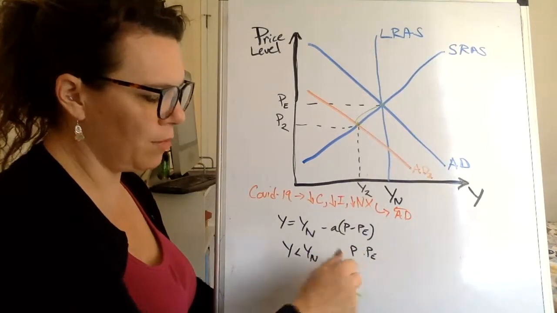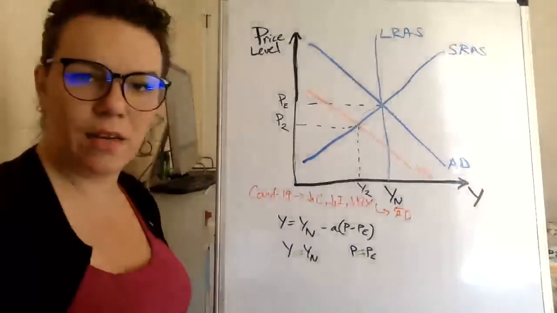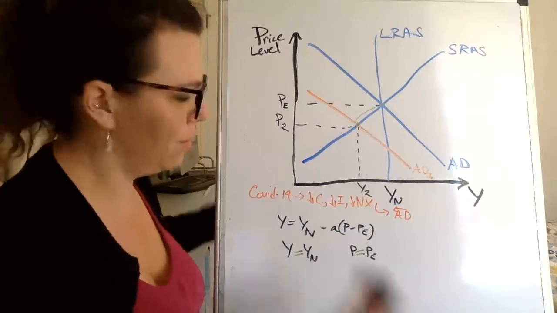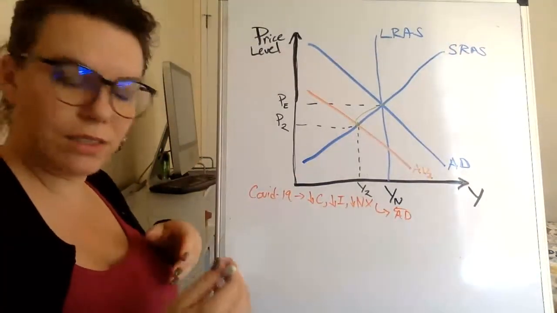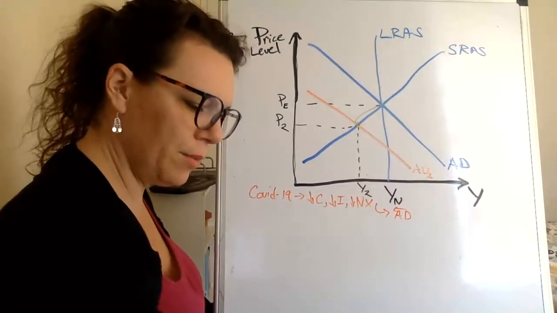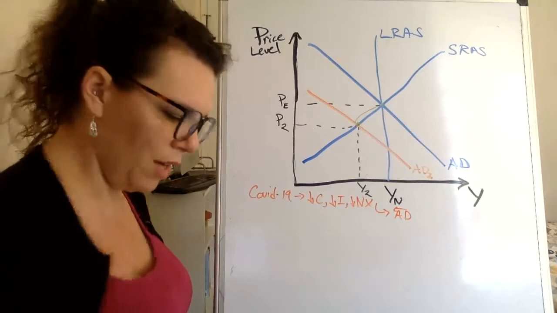As P becomes equal to PE, then Y will return to YN. But that's not what we want to do as economists. We want to use one of our policy tools. We can use either monetary policy or fiscal policy to try and solve this problem in our economy.